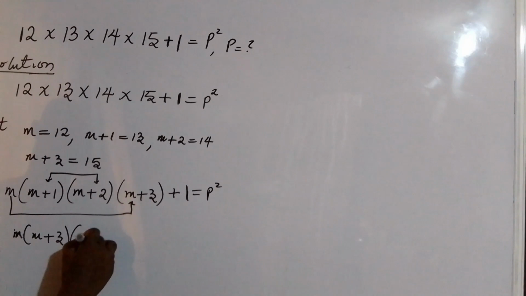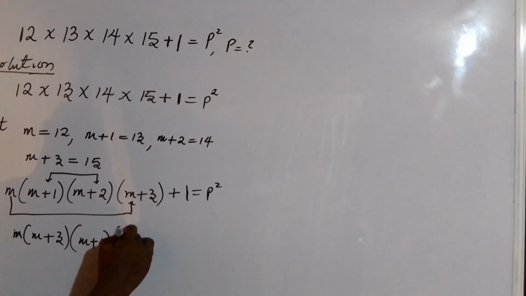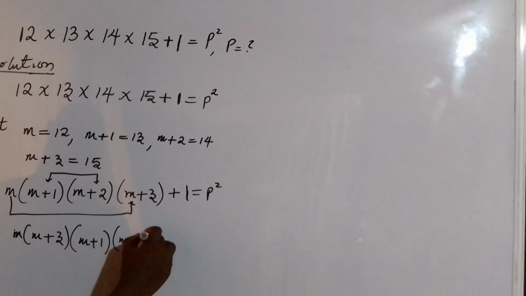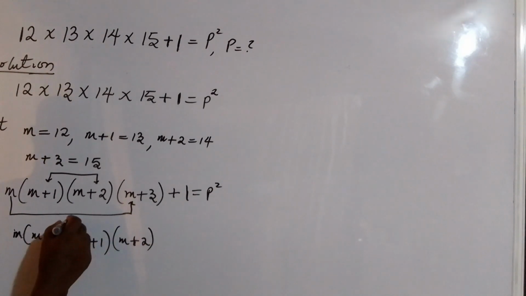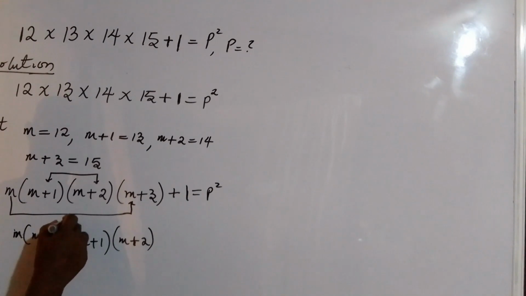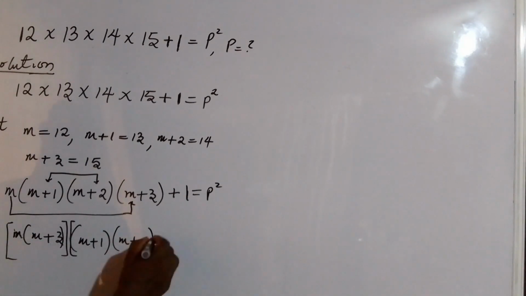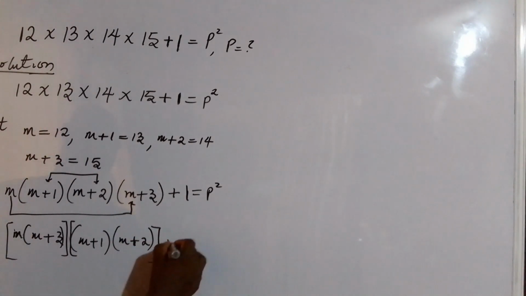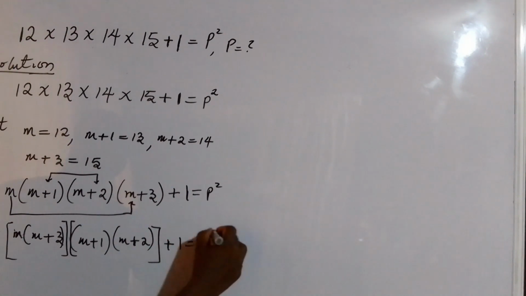So I have m plus 1 times m plus 2. Okay, so I'm going to separate it in this format. All plus 1 equal to p squared.